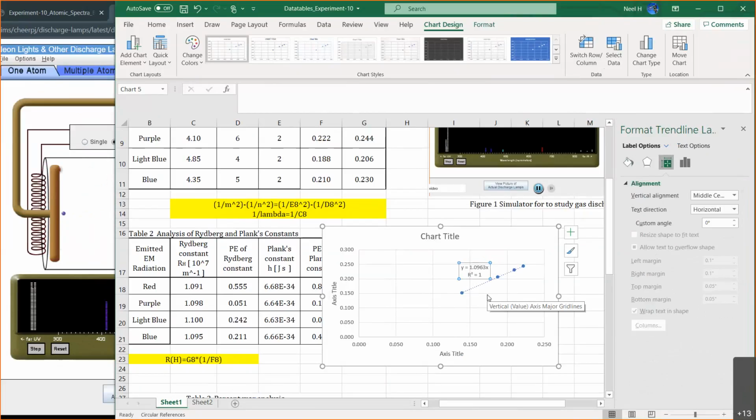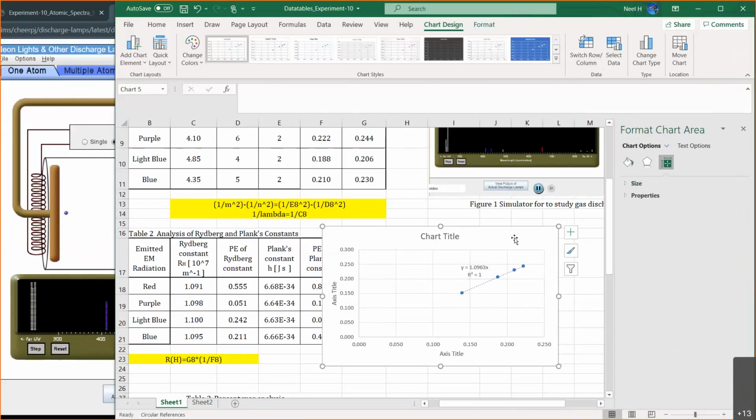Of course, that should be because we are using the simulator, right? So there's nothing wrong with the data, which is why we get that perfect answer. And then the Rydberg constant should be the slope, and you can see the Rydberg constant is also perfect. I'm getting 1.09 multiplied by 10 to the 7, because I kept that separately. Okay.